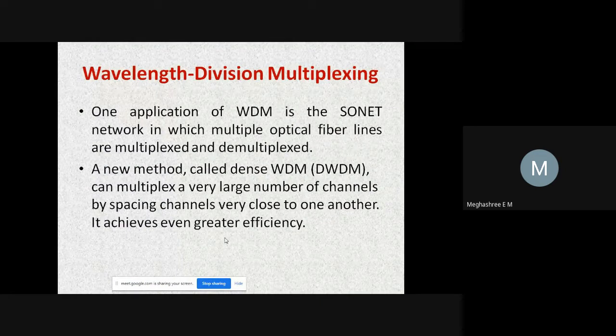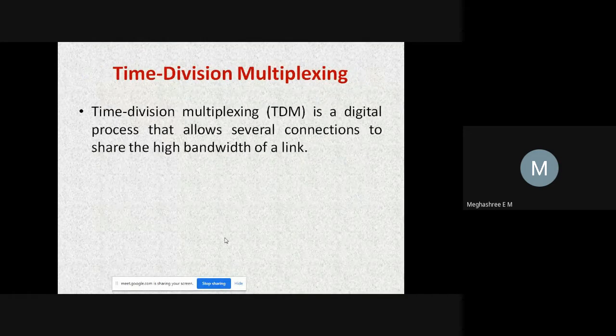Okay, and the next method, the third method, is time division multiplexing. As I already told you, time division multiplexing is used for digital signals. Let's see the definition of this.